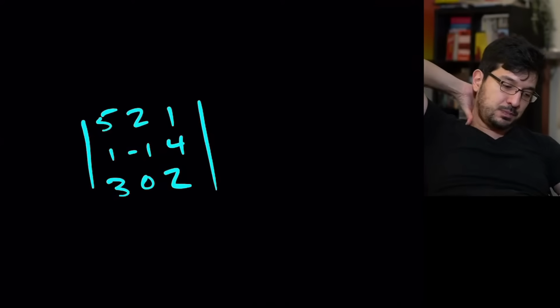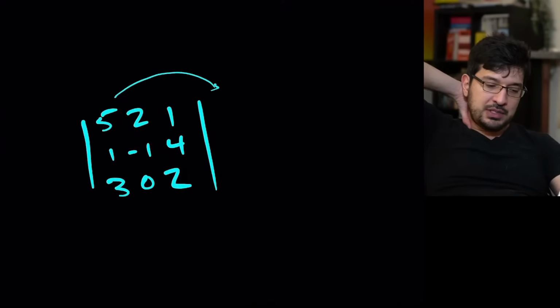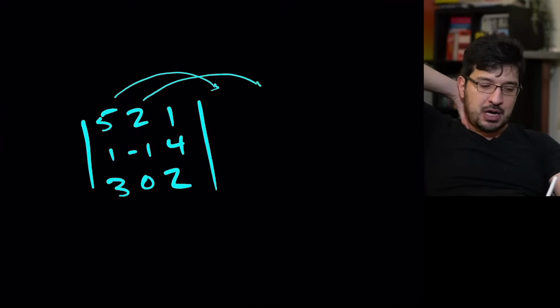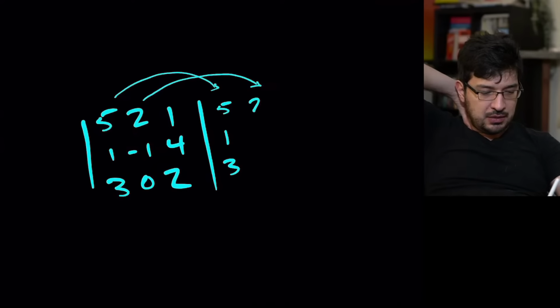Okay, so what we do is we're going to add an extra copy of these 2 columns. This is kind of like a shortcut that just works. 5, 1, 3, 2, -1, 0.